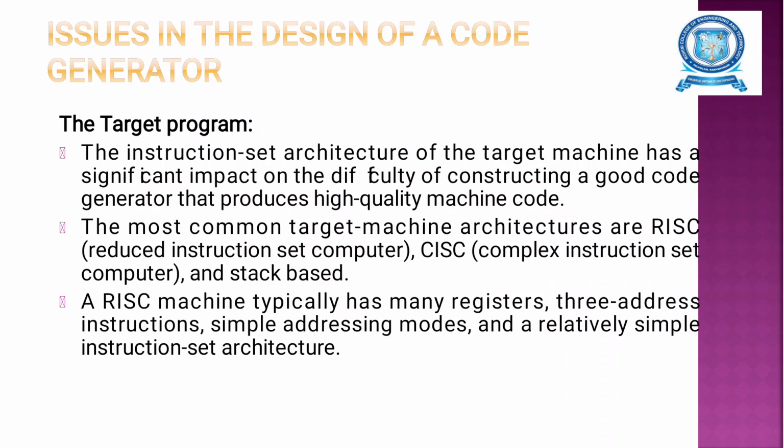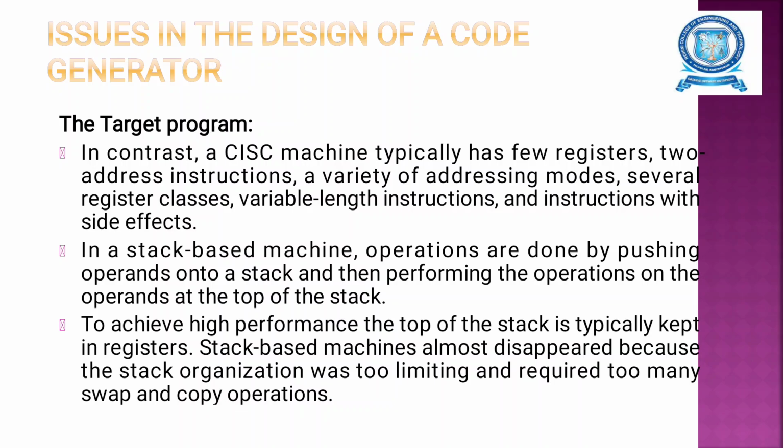The RISC machine typically has many registers, 3 address instructions, simple addressing modes and a relatively simple instruction set architecture. The CISC machine typically has a few registers, 2 address instructions, a variety of addressing modes, several register classes, variable length instructions and instructions with side effects.